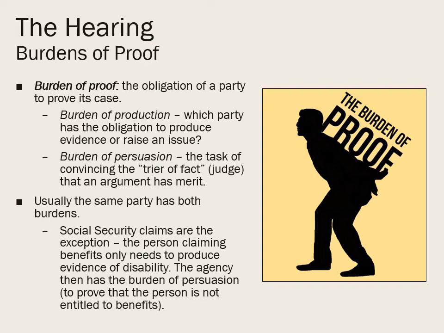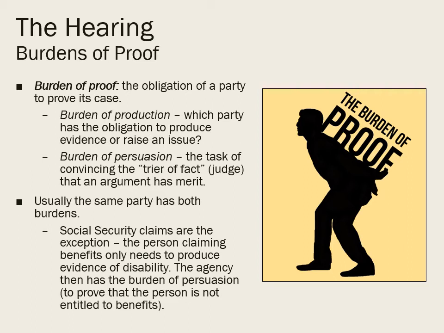It is worth noting that Social Security claims are one of the main exceptions to this rule, that both parts of the burden of proof are on the same party. For Social Security claims, the person who is claiming the benefits has the burden of production. They've got to show, for instance, that they are disabled, but they do not have to persuade the ALJ that they deserve the benefits.